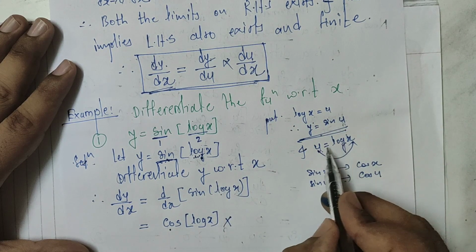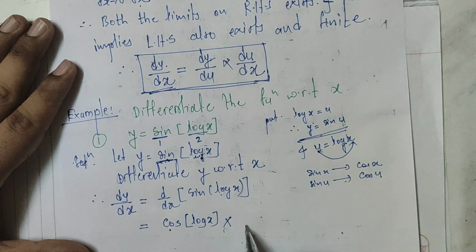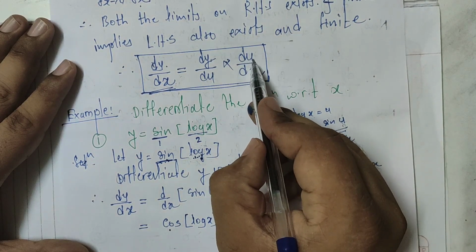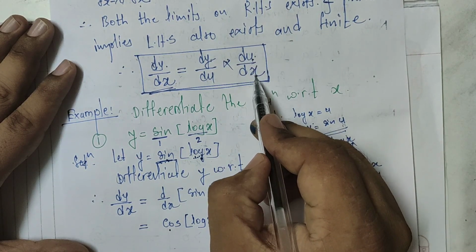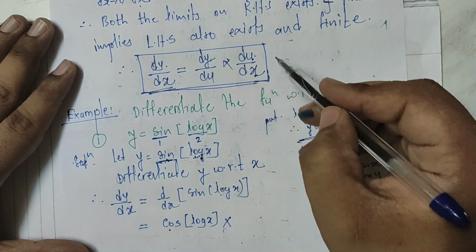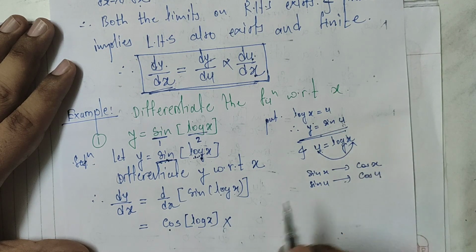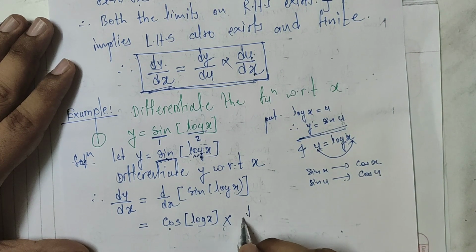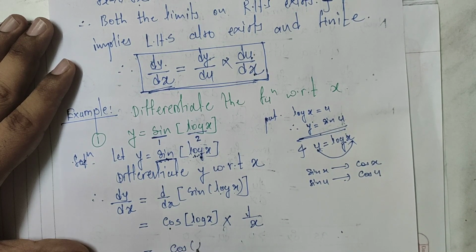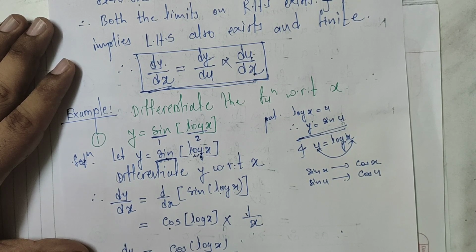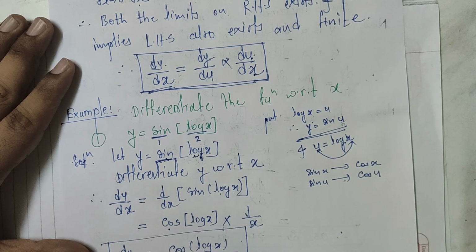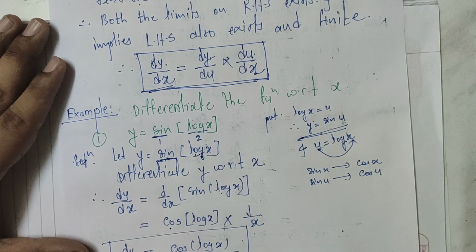U means log x. So u is equal to log x. What is log x's derivative? Log x's derivative is 1 upon x. We get the final answer, cos of log x into 1 upon x, therefore dy upon dx is equal to cos of log x upon x.